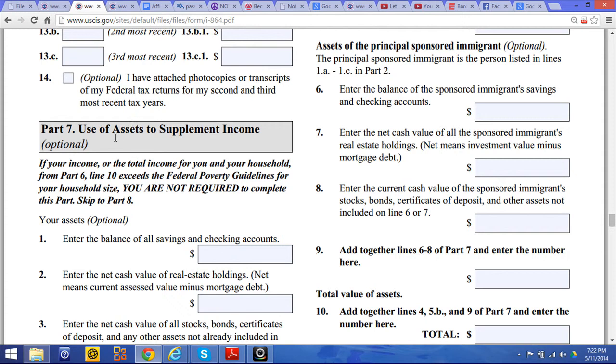Even though this number is below the poverty guideline, you may decide to leave this blank and choose to have a joint sponsor. So you see what I mean?